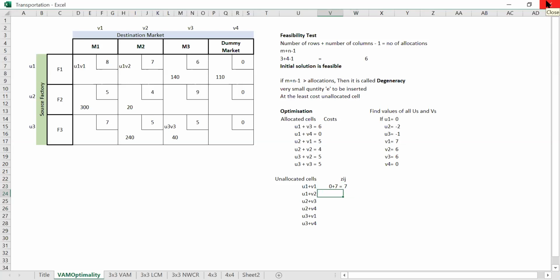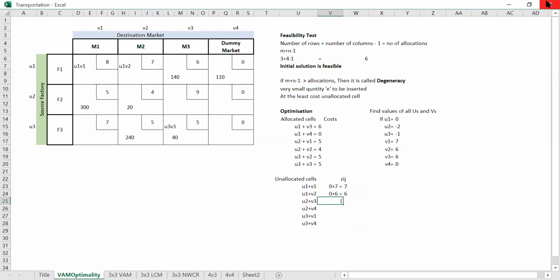Okay, so U1 plus V1 is equal to 0 plus 7, which is equal to 7. U1 plus V2 is equal to 0 plus 6, which is equal to 6. U2 is minus 2.